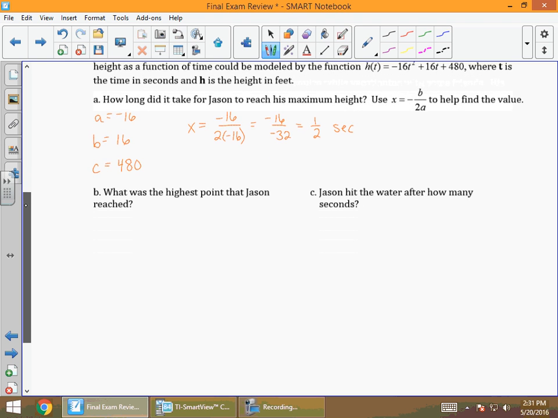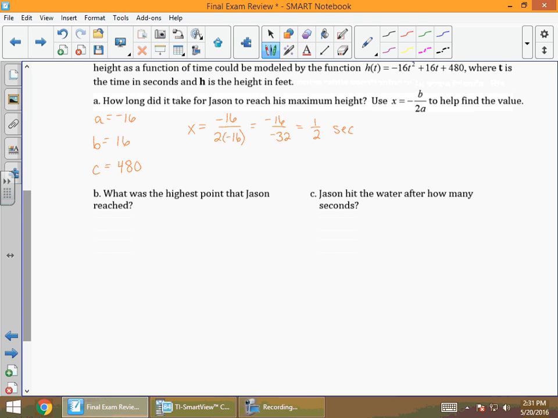What is the highest point that is reached? Now, if it reaches its maximum height after 1/2 a second, then I just take my equation, negative 16 times (1/2) squared, plus 16 times 1/2 plus 480, and I evaluate.